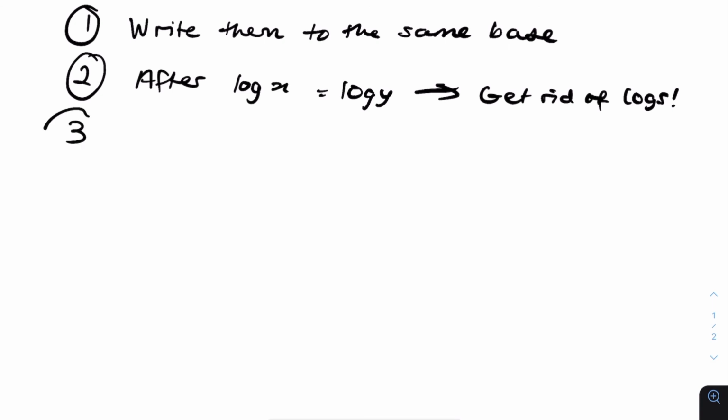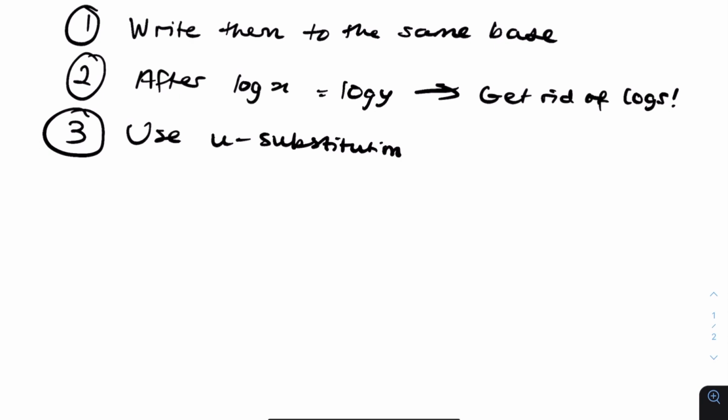If that's not the case, and you've got 2 different terms that have the same base and number, then use u substitution. Like in the last one, two of the terms had log to the base a, b. You can substitute u into it to get one variable, and then you can solve the quadratic or whatever equation you have in terms of u.